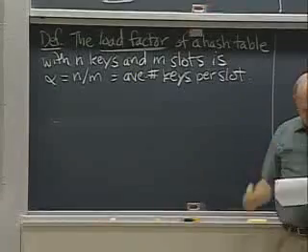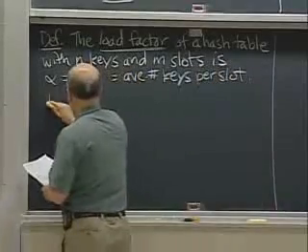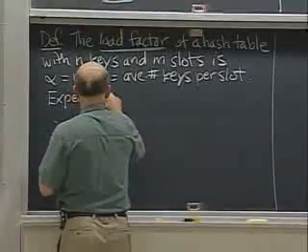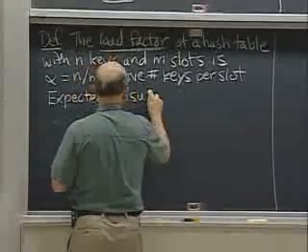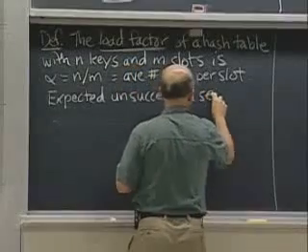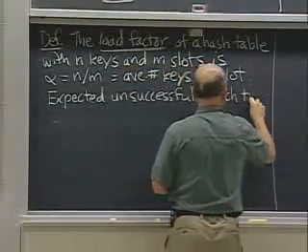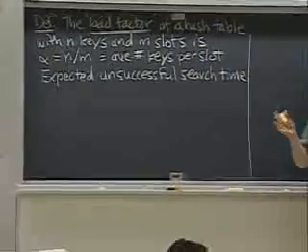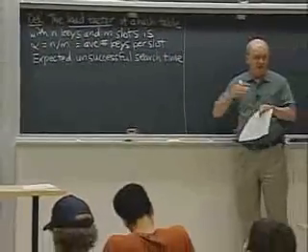How many keys do I have on average? So the expected unsuccessful search time. By unsuccessful search, I mean I'm looking for something that's actually not in the table. It's going to return nil.